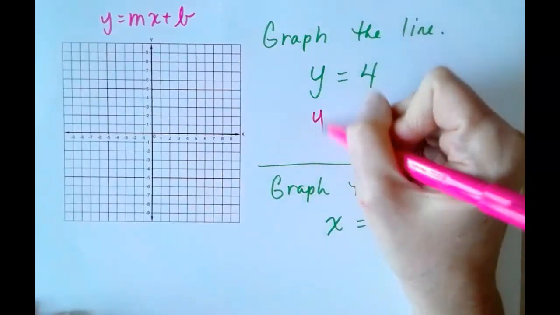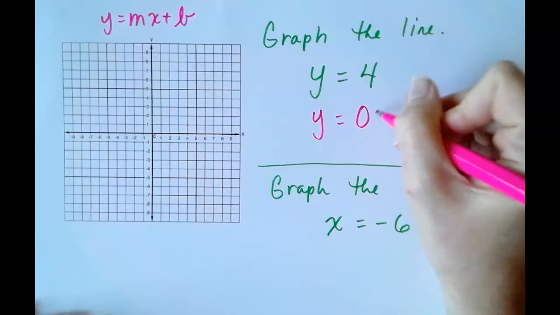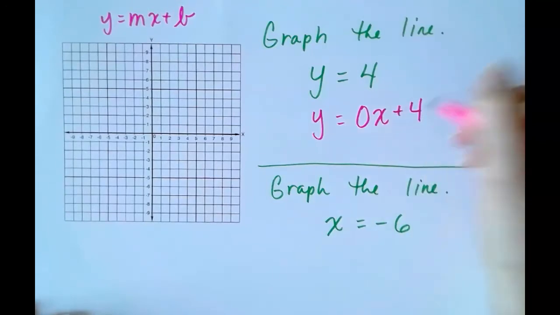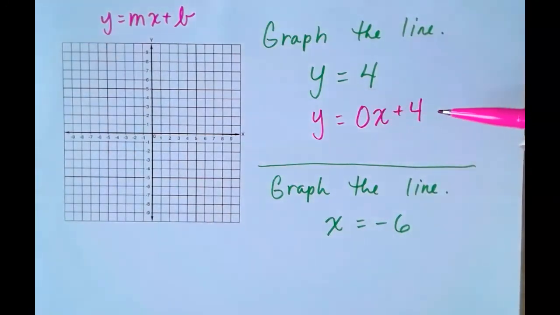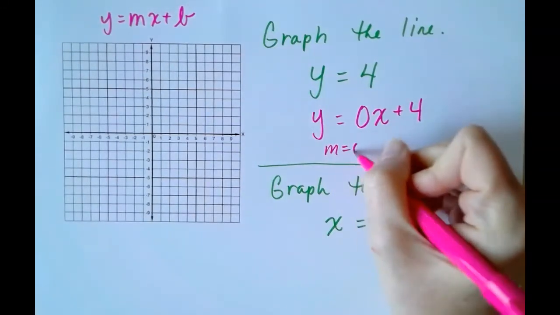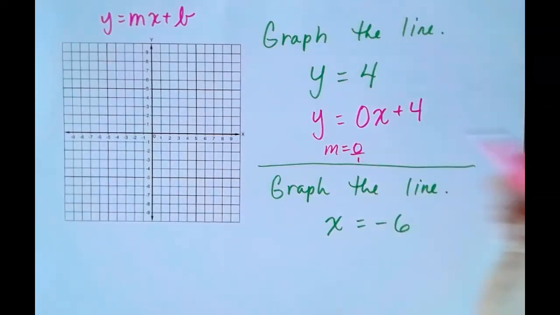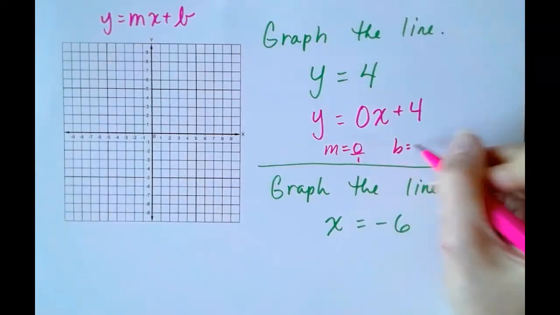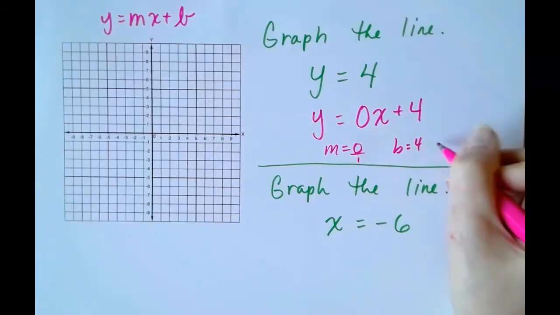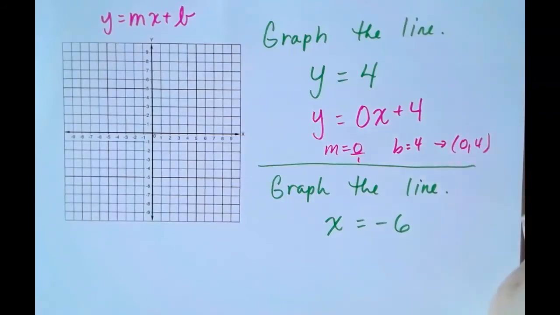This would change to y equals 0x plus 4. If we add 0, we don't change the value. So this is possible. Our slope would be 0 or 0 over 1, and our y-intercept here would be 4, which is the point 0, 4.